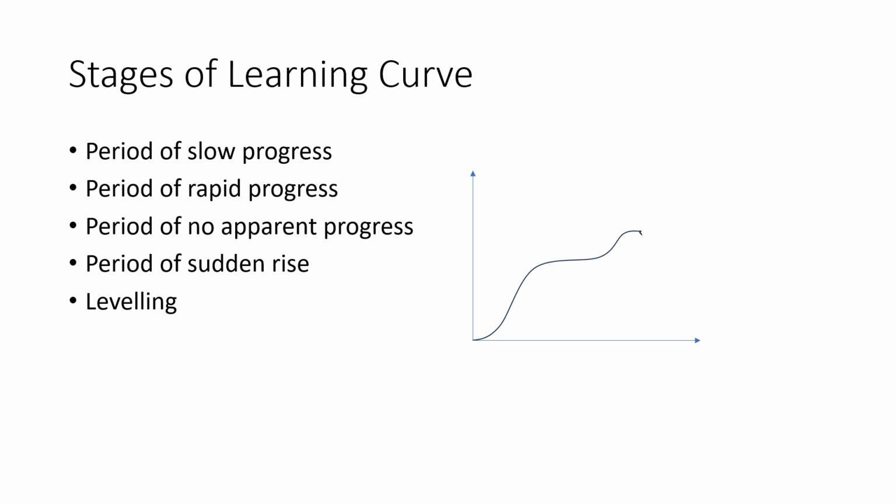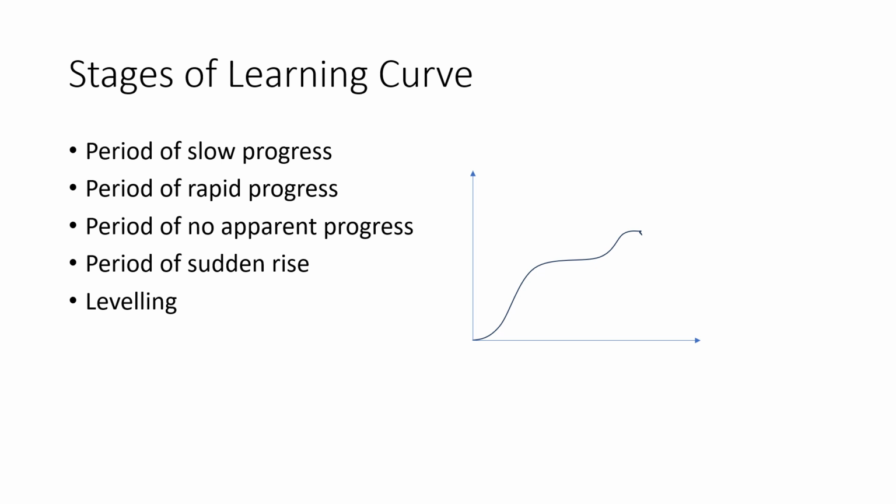In this first stage, the period of slow progress, a person is starting to learn something new. So he might be facing many difficulties, since he is starting from scratch. In the case of rapid progress, with time, he is becoming an expert in the area which he studies.